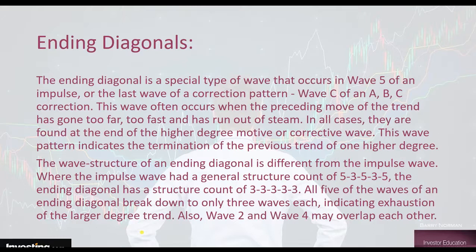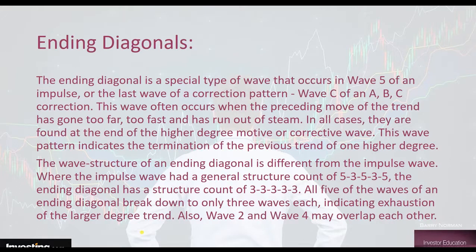Wave 1, 2, 3, A, B, C, 1, 2, 3, A, B, C. Sounds like a dance move, A, B, 1, 2, 3, A, B, C, or tracks on a piano. All 5 of the waves on the ending diagonal break down to only 3 waves each, indicating exhaustion of the larger degree trend. Also, wave 2 and wave 4 may overlap each other.